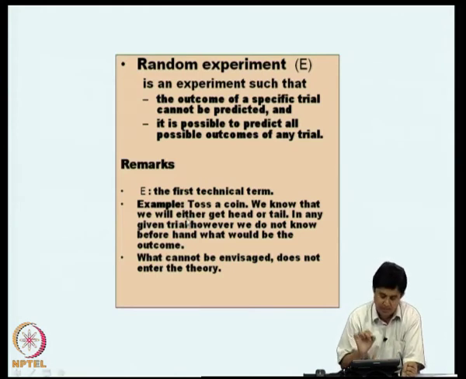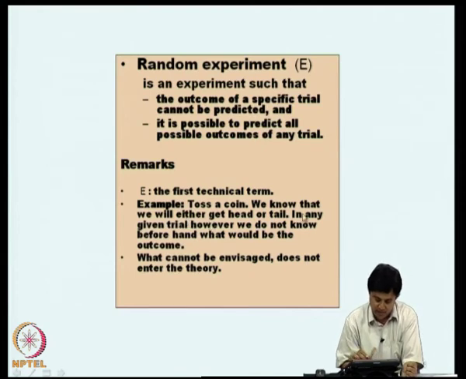Again, we will take up the example of tossing a coin. We know that we will either get a head or a tail. In any given trial, however, we do not know beforehand what would be the outcome. So, therefore, this is a random experiment.